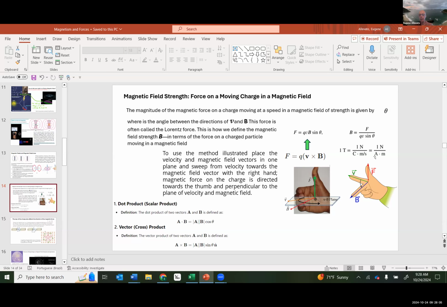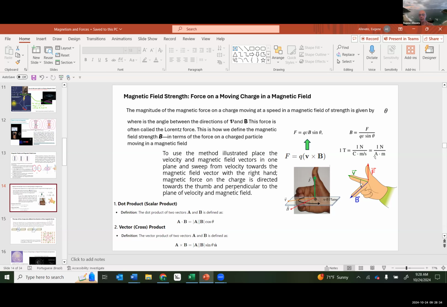When you move the wire in the magnetic field, the conductor has charges, free electrons. So when you move in one direction, it's going to be a vector, and the direction of the magnetic field is going to determine the force, right?